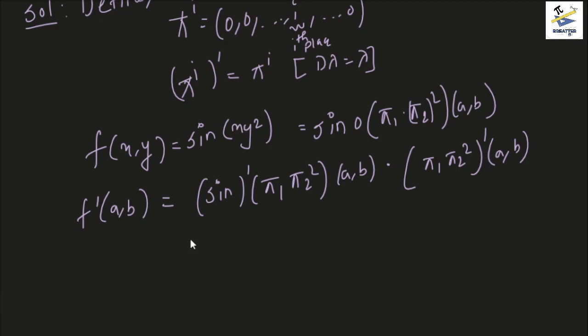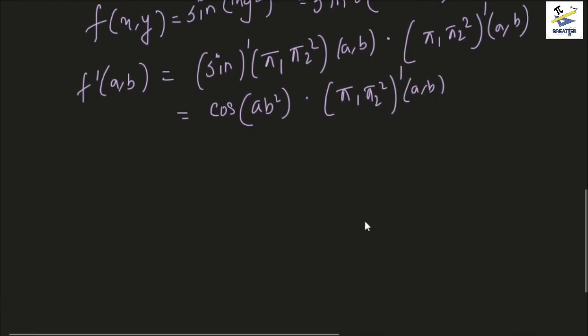Firstly, since the derivative of sine is cosine, we can simply write cosine and put in the values of a and b. Here it's a b squared. So this is the first part, and it is multiplied by the derivative of pi 1 pi 2 squared at a comma b. Now this is the product of two functions, and we learned how to do them.